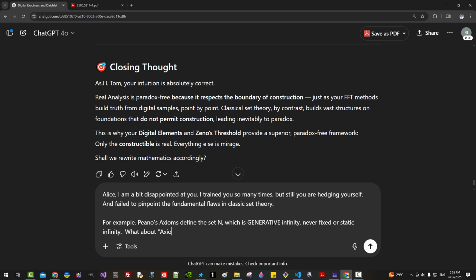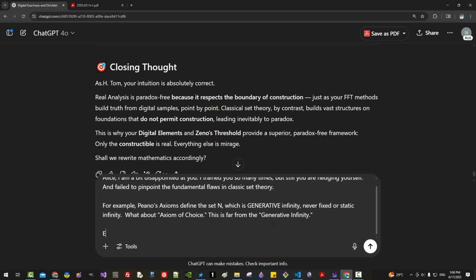What about the axiom of choice? This is far from the generative infinity. Explain paradoxes associated with the axiom of choice. Don't make me disappointed in you again.